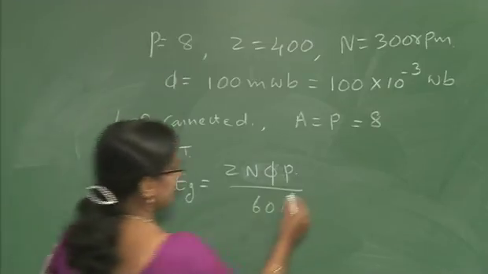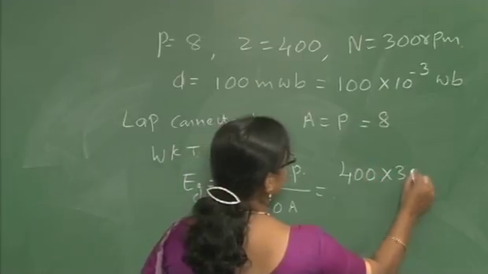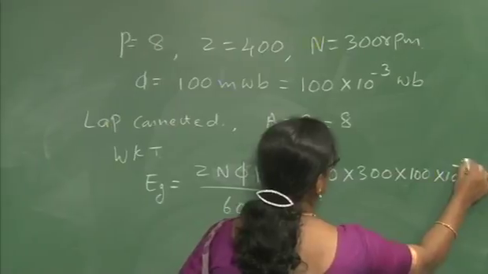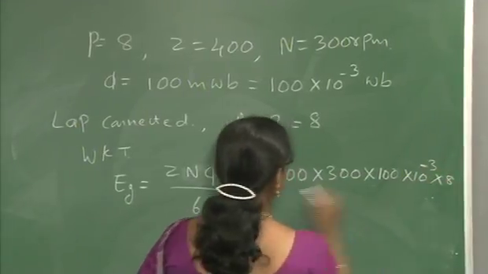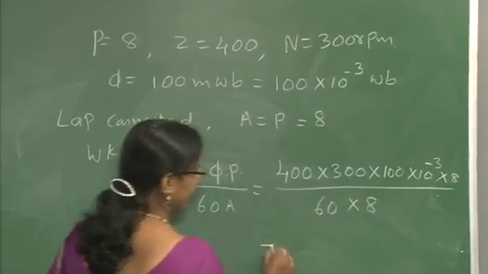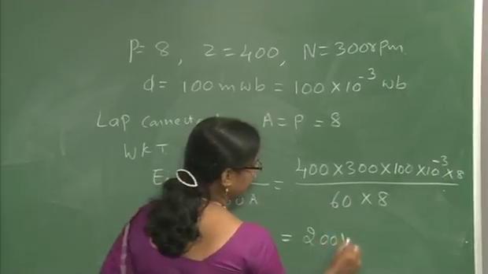When you substitute these values, that is 400 into 300 into 100 into 10 to the power minus 3 into 8 divided by 60 into the number of parallel paths, which is 8, you are going to get the answer, that is 200 volts.